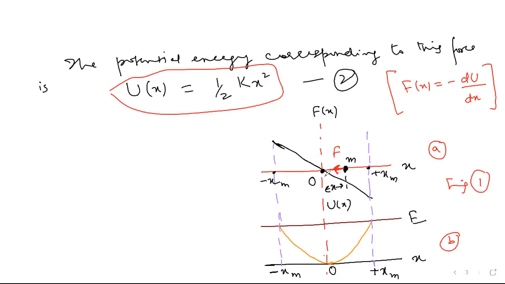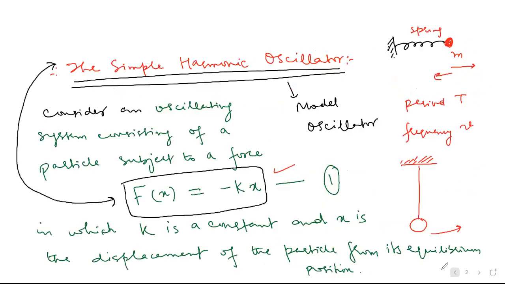At equilibrium position, displacement is 0, so x is 0, force is also 0. When displacement from the mean position or equilibrium position is 0, particle is at equilibrium position, force is 0.